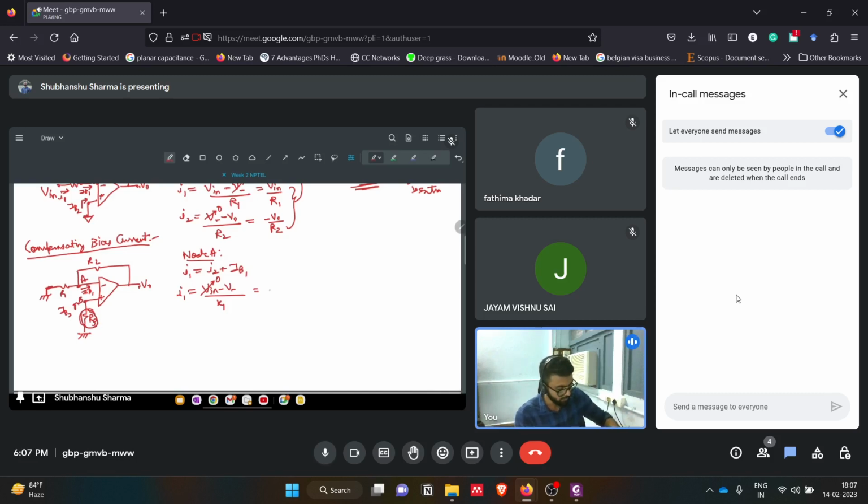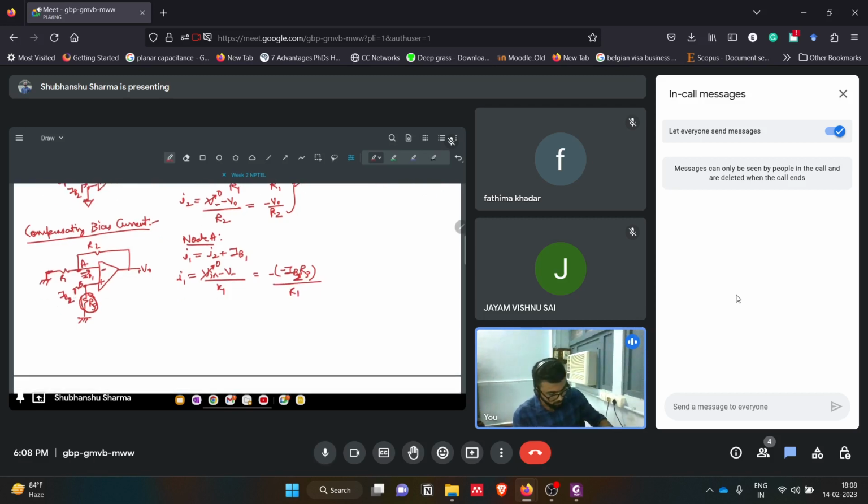So it will be minus of minus IB2 R3, divided by R1. Now what is I2? I2 is V minus minus V naught by R2.